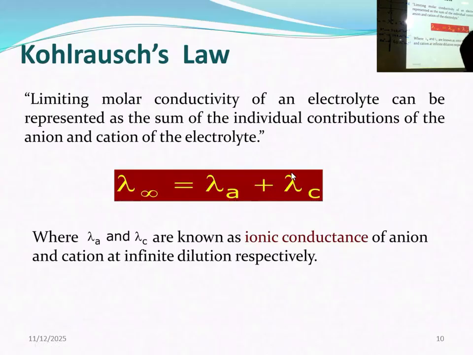Now what is the importance of this law? What do we do with this law? You must understand that. Sometimes it is very difficult to get the conductance of, suppose, acetic acid, which is a weak electrolyte. So practically we take the help of Kohlrausch's law.